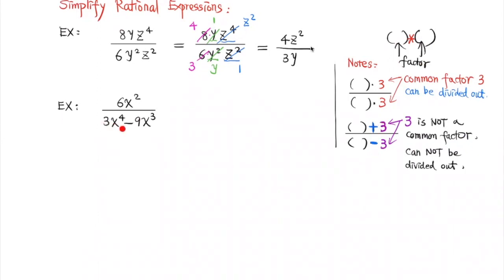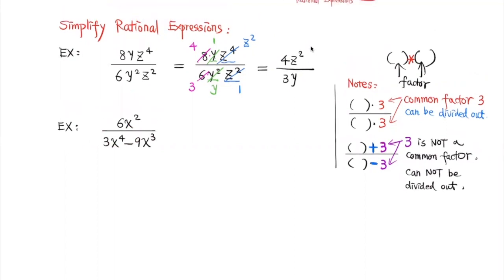Now look at this second example over here. In this rational expression, we cannot divide out the 6 and the 3 or the 6 and the 9 yet, because you see here, this is subtraction. It is not multiplication. So 3 is not a factor.